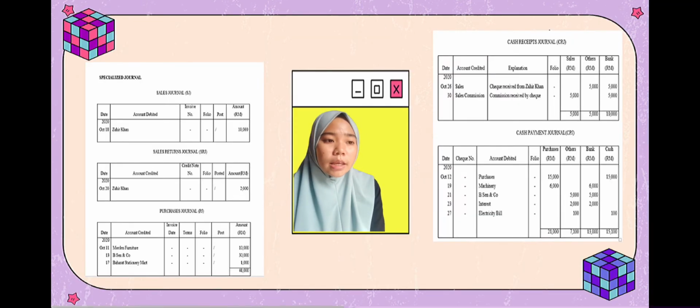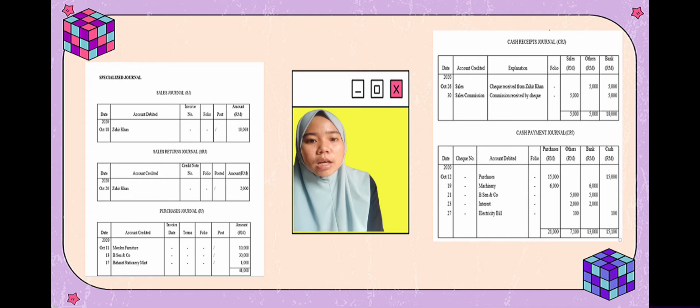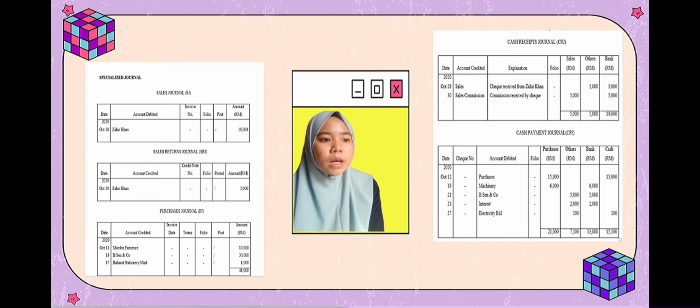On 18 October 2020, account debit from Zahir Khan is 10,000. Next, the sales return journal: account credit from Zahir Khan on 20 October is 200. Next, the purchases journal.